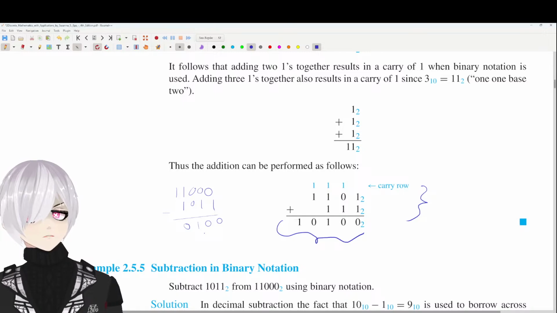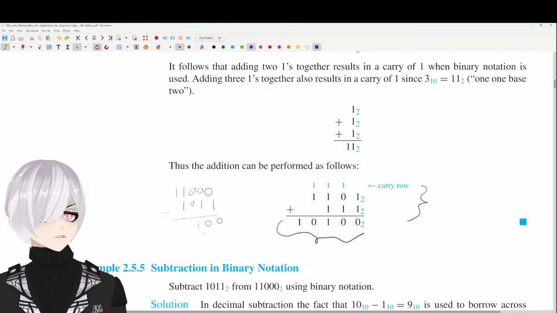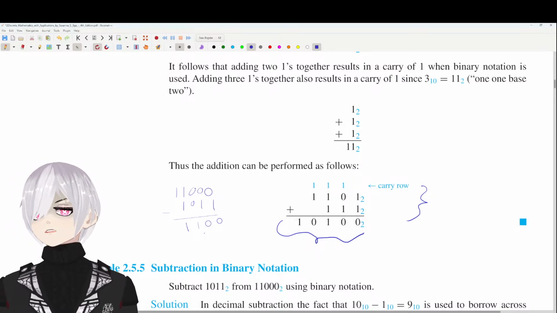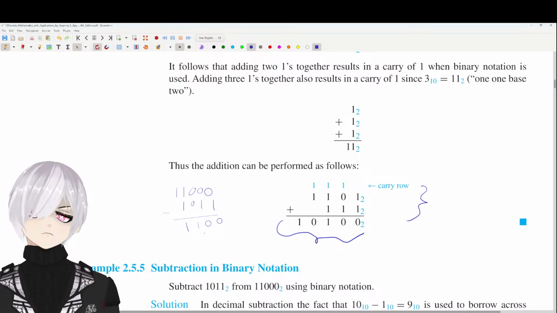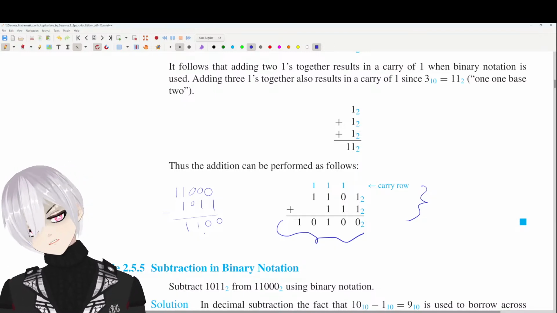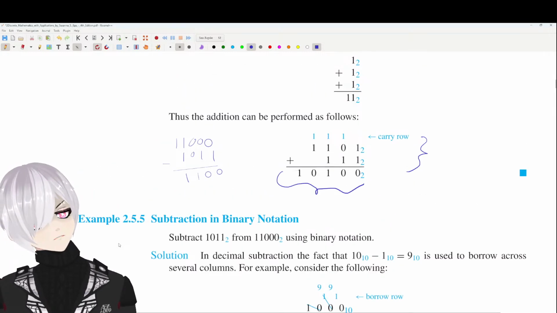Wait a second. I think it might be like this. Wait, no. Hmm.